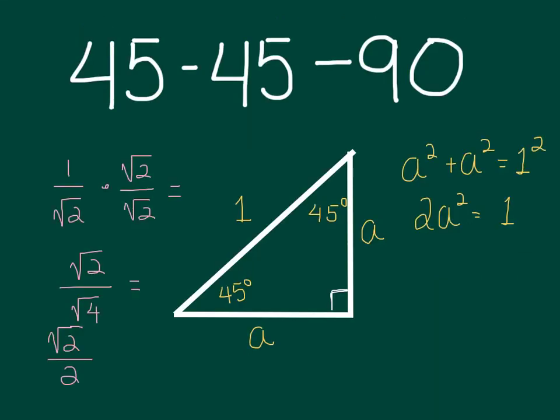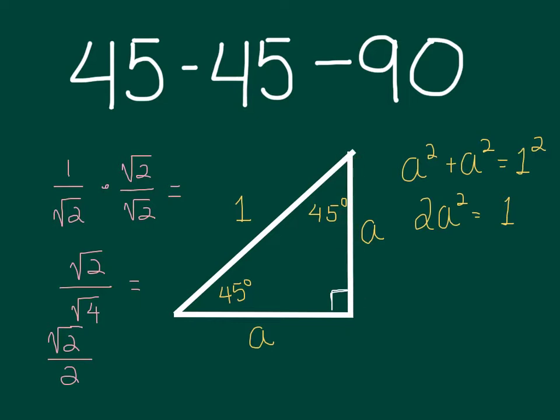Our first example of a special right triangle is the 45, 45, 90 right triangle, drawn here in the center. 45, 45, and then the right angle down here, 90 degrees. And again, notice our hypotenuse is a 1. Now we're going to use the Pythagorean theorem to try to find out what these sides are.